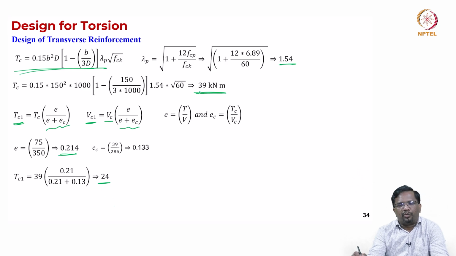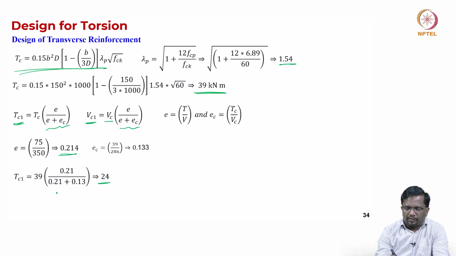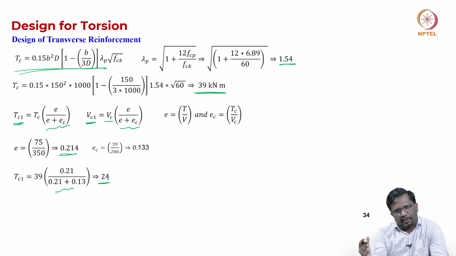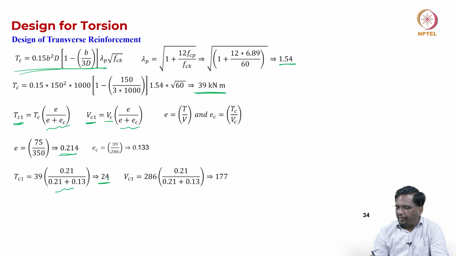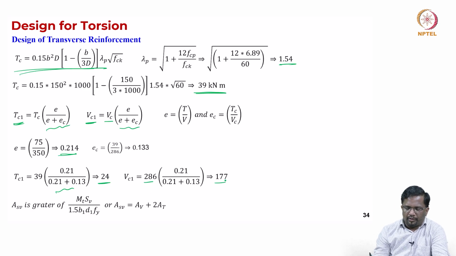You see, in pure torsion we had 39, and this has reduced when it is acting along with shear, the concrete capacity in torsion has reduced from 39 to 24, right. Similarly, Vc1 has reduced from 286 to 177. So, now Asv is the greater of Mt into Sv.